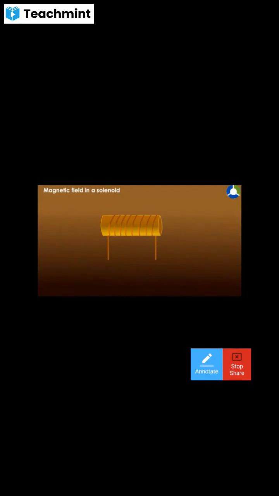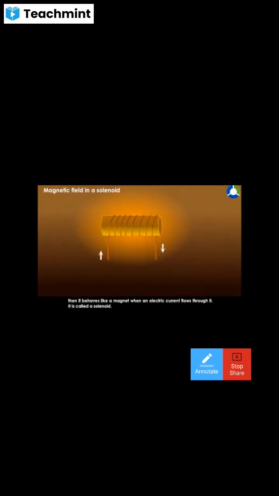An insulated copper coil is wound around some cylindrical board. Such a formation is called a solenoid. See how they have made it: the coil is wound around a cylinder. It behaves like a magnet, it forms a bar magnet.